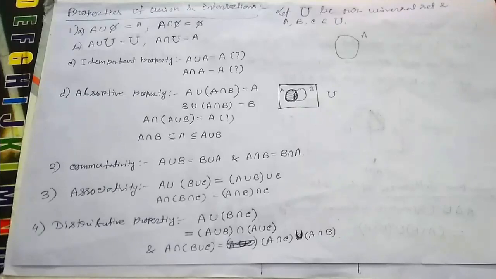See, the properties 1, 2 and 3 are very much clear from the Venn diagrams, but the property number 4, which is distributive property, this has to be proved. Okay, so now I am going to prove this property.